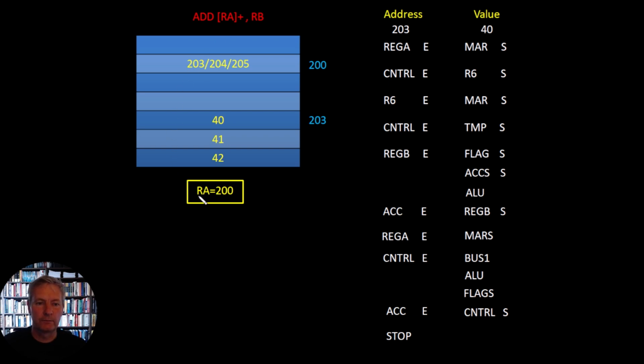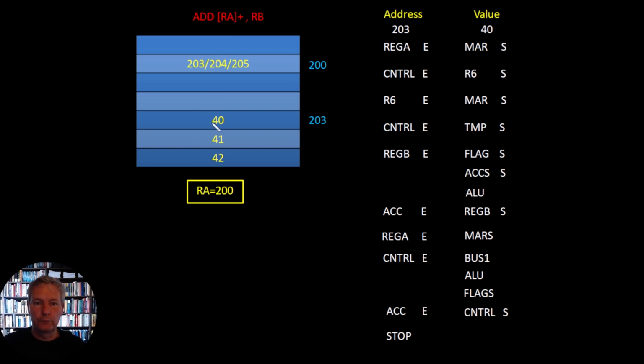So let's say, for example, register array contained the value 200. Now remember, register array means any of the 16 registers R0, 1, 2, 3, 4, 5, the floating point unit, the instruction address register, and so on and so forth. But most usually the numbers will be sitting in the temporary register. So for example, R0, 1, 2, 3, 4, and 5.